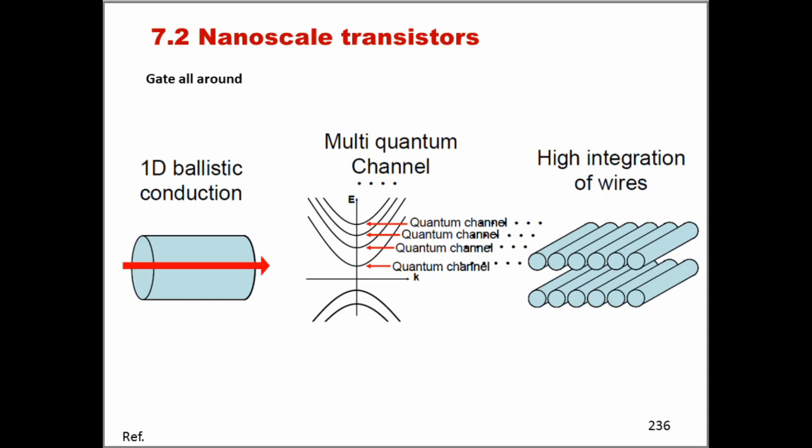Remember, since we are talking about gate-all-around, that because gate-all-around is based on effectively a nanowire, we've discussed nanowires some time ago. In chapter 3, we've seen that when we are talking about 1D confined structures, then we realized, if you remember, go back to chapter 3, that the dispersion relation is effectively something like this one.